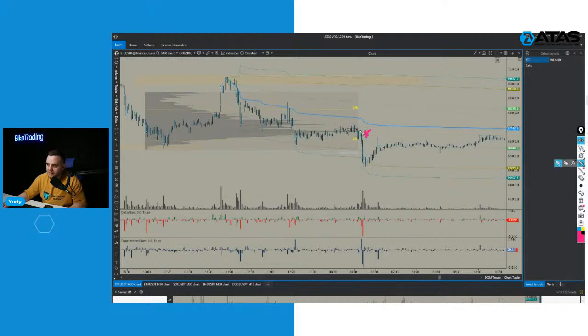And when price squeezes into value low with a rise of open interest, this often ends up as a breakout from value. That's an example of how I combine all of these indicators together.